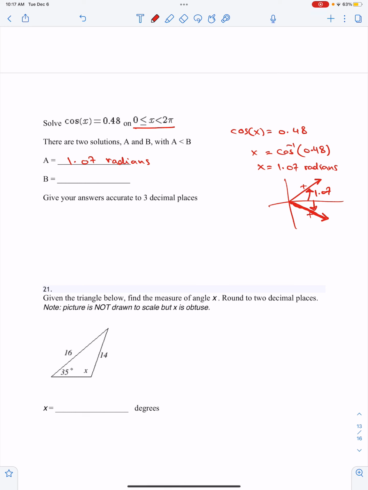This is going to be 2 pi minus 1.07. If you do that, you're going to get 5.21 radians. And that will be the second answer.